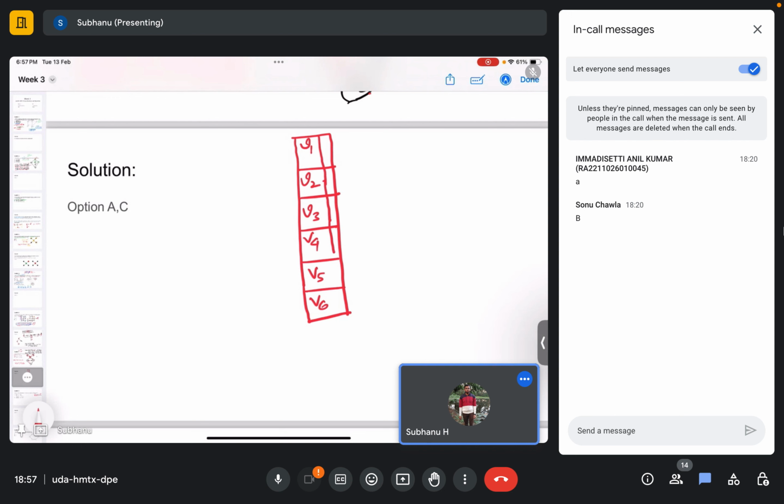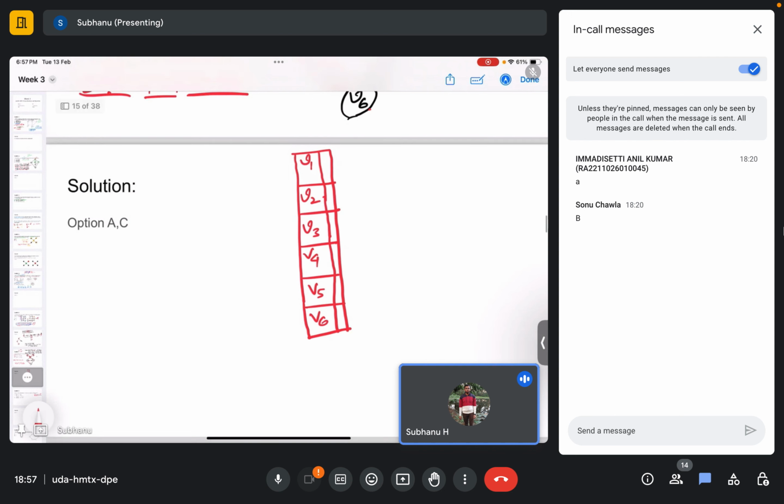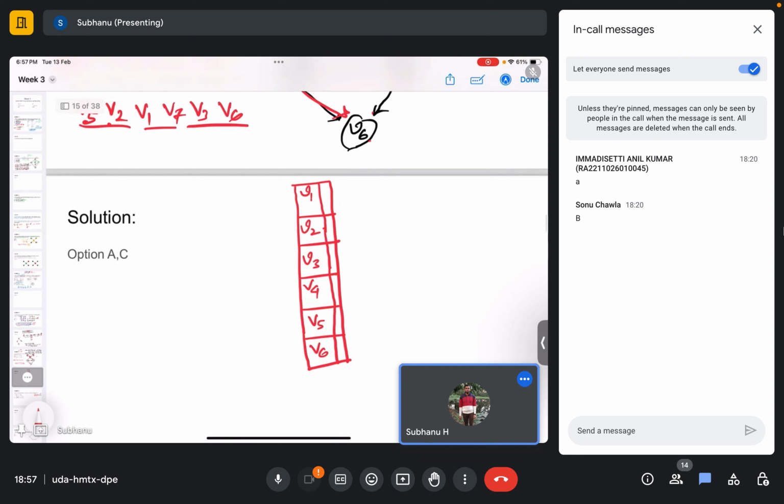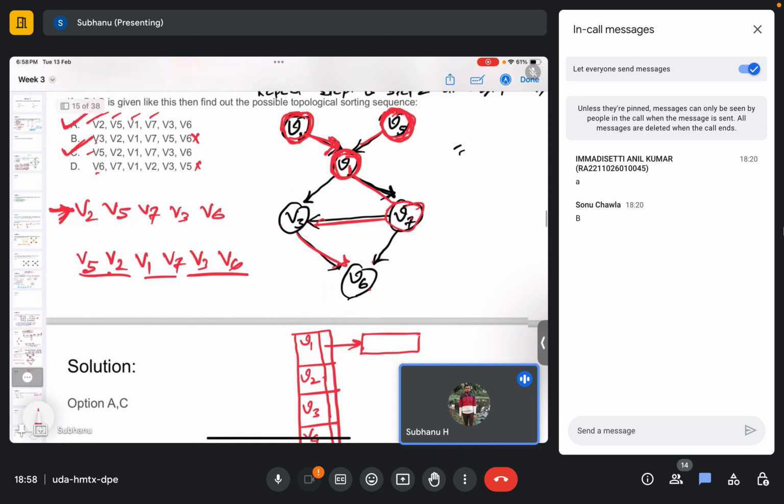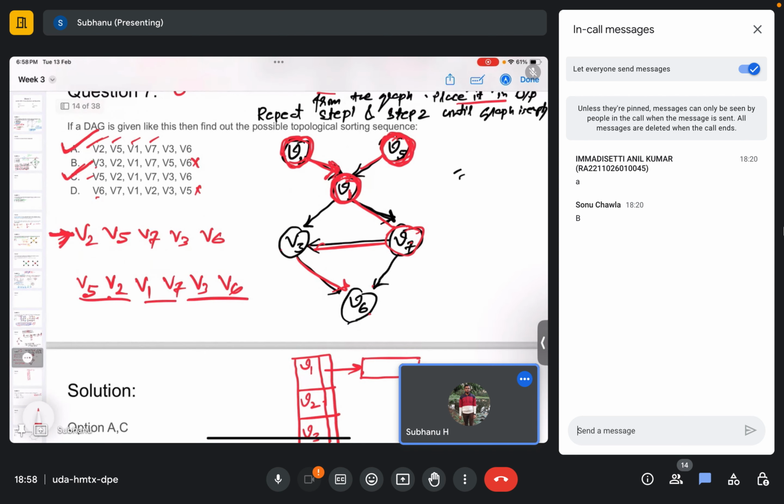So these are the nodes, and these basically are the links. So from this we can find that from V1, who are connected.